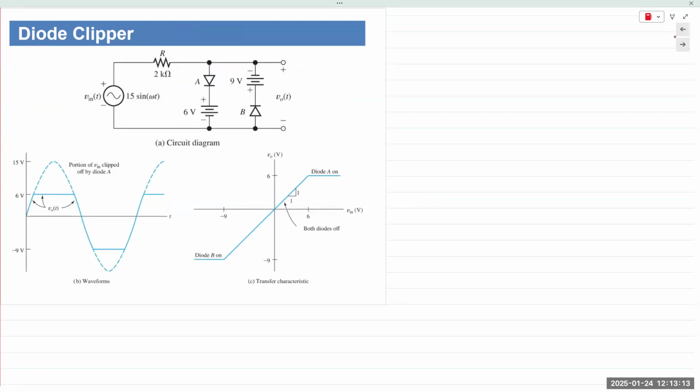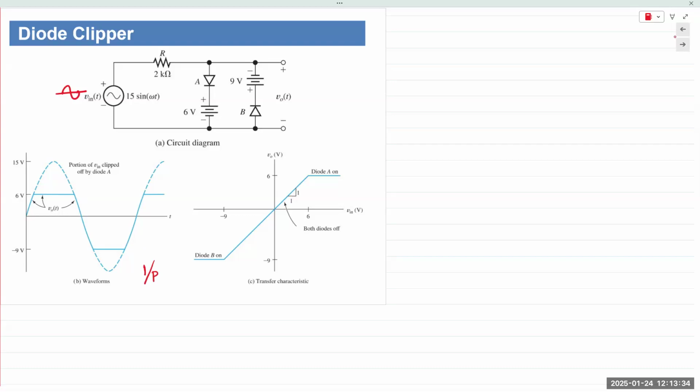Okay, so here's a source. V in of t is an AC input. It's a sinusoidal waveform. This is your input waveform. And this is my acronym for input, I/P, and O/P would be output.